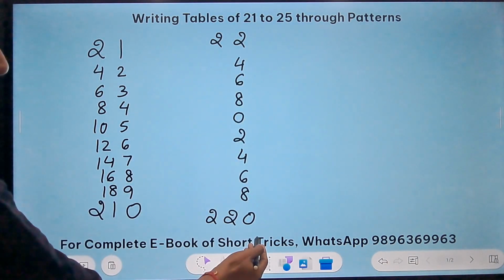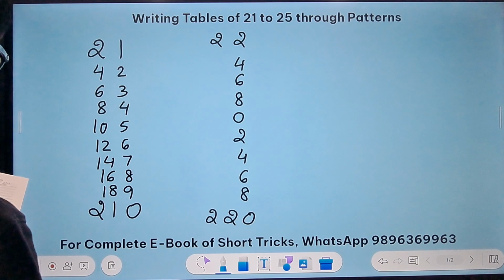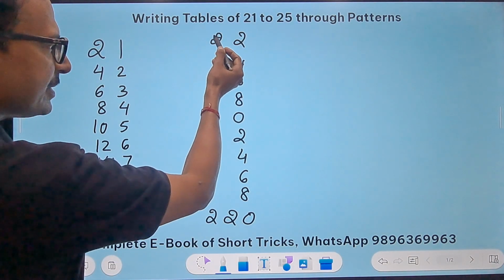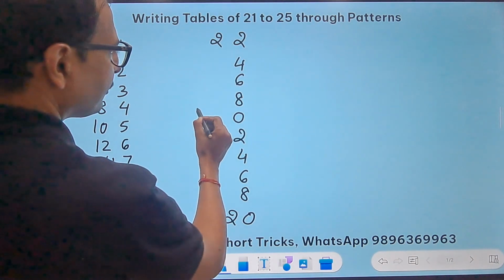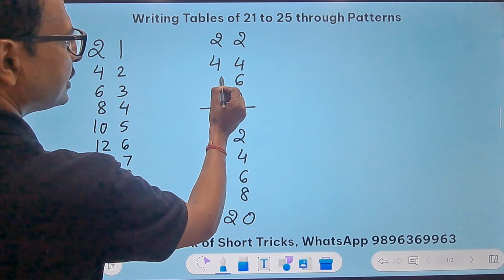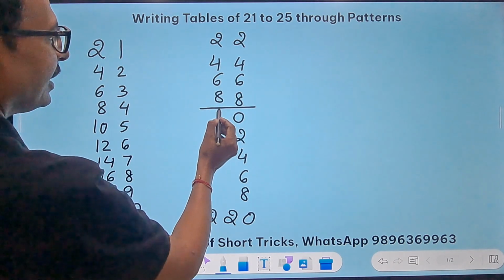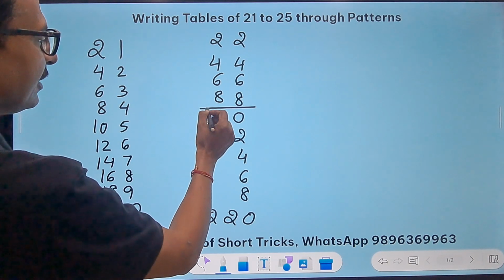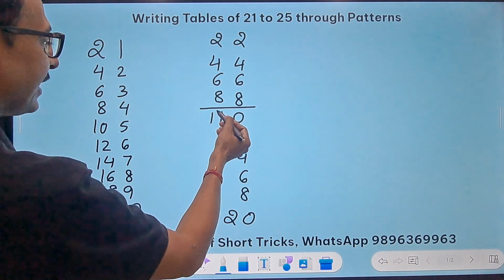Now this is the pattern in the unit digit, and what happens with the tens digit? Start writing the even numbers again, but after 4 we will change the pattern. So 2, 4, 6, 8. Now skip by 2. 9 and 10 are to be deleted. Start with 11, and then write it.